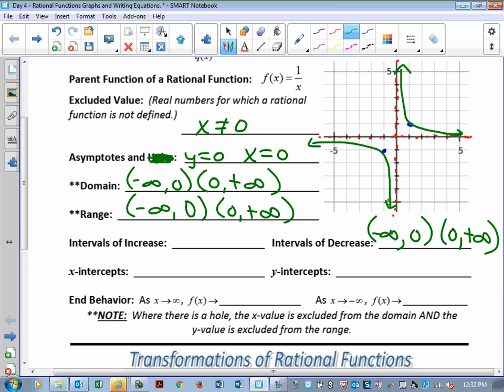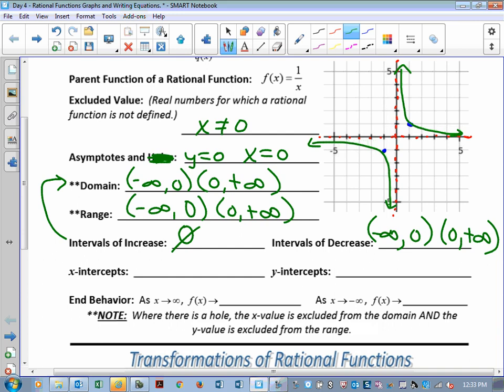Now, I'll remind you, the intervals in increase and decrease always have to equal your domain, right? Well, if our whole domain is decreasing, then in our interval of increase, we have no solution, or the null set. There isn't anywhere on that graph where I'm going to be going uphill. That's my type of walking. Everything's downhill. Okay, x-intercepts.